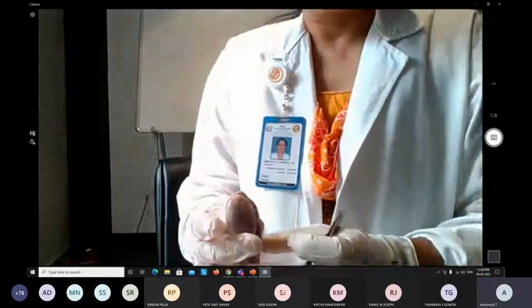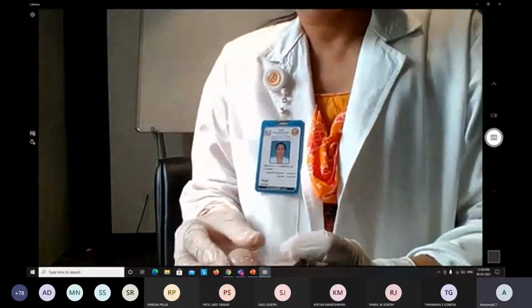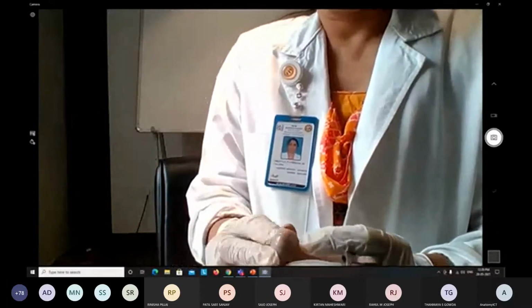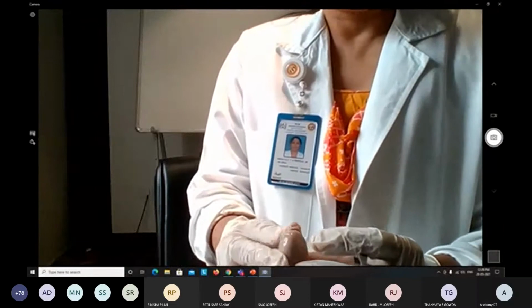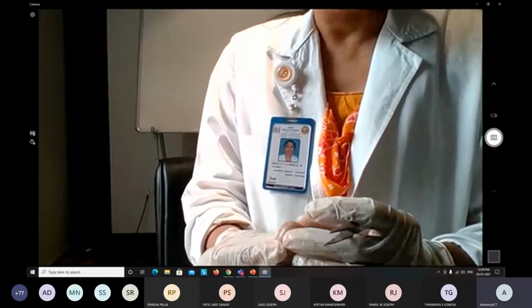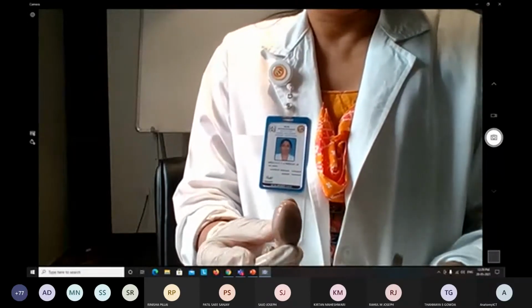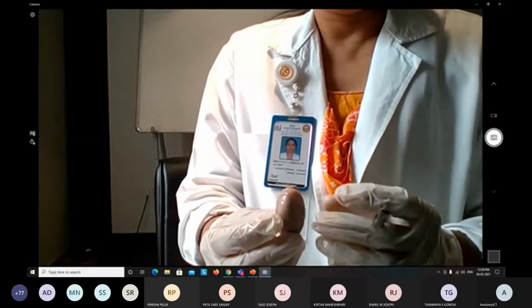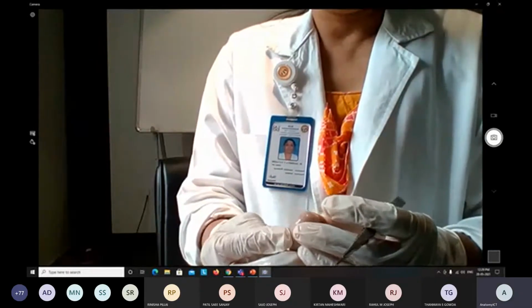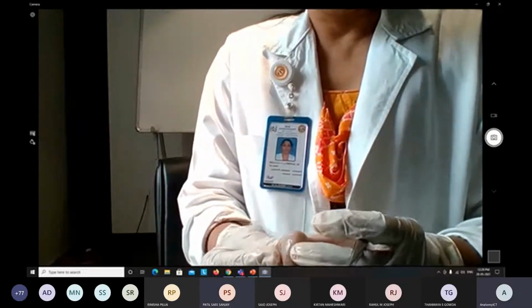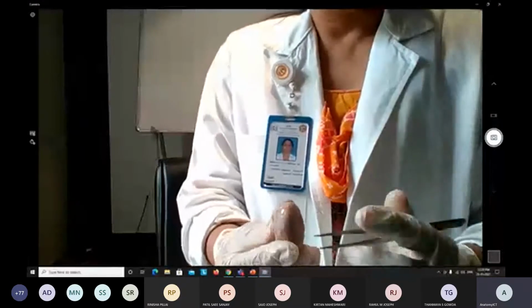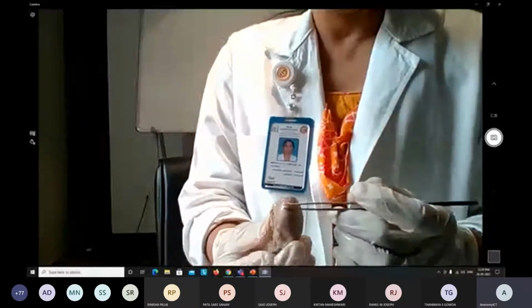Identify the side. Yes, can you identify the side? This is posterior. Which side testis is it? This is the anterior border.